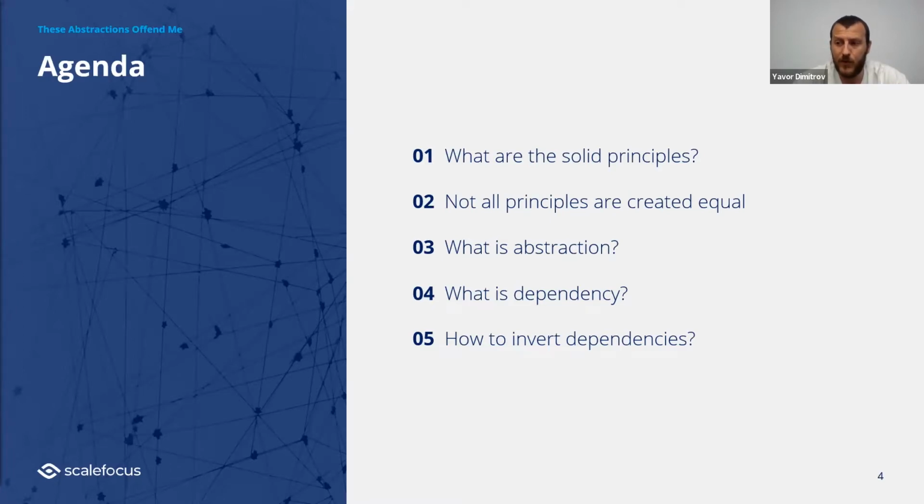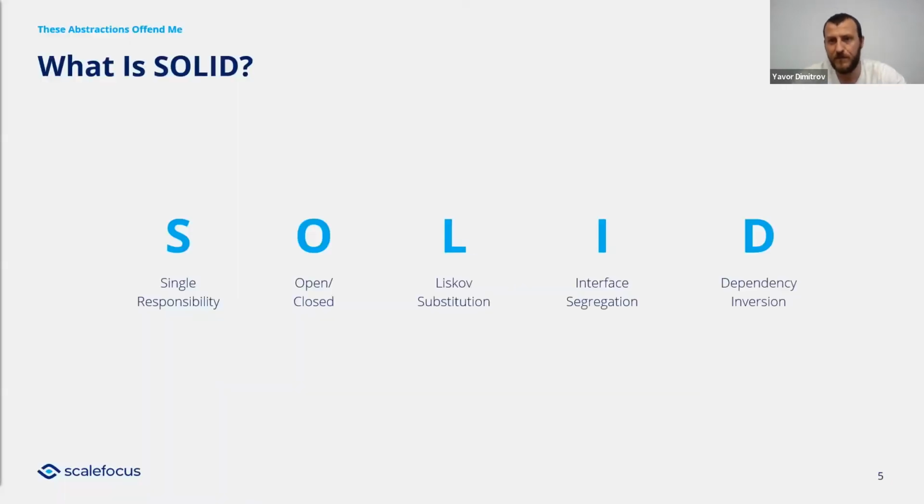So we will learn about, in my opinion, which ones are the most important. After that, we will focus more on the dependency inversion principle. In order to cover that, we need to talk about what is abstraction, what is dependency, and how to invert them. So let's start.